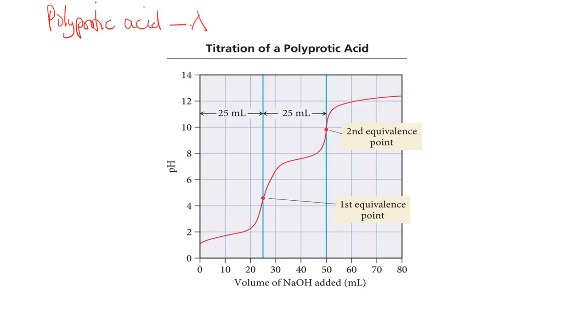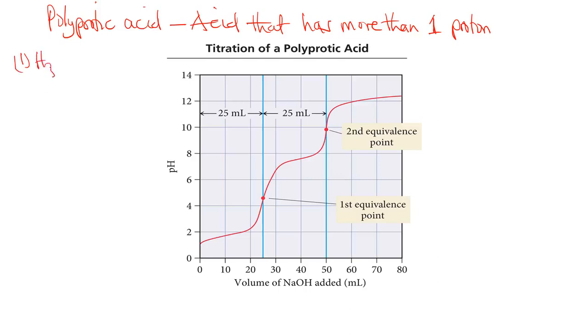This is an acid that has more than one proton. So an example is H3PO4. So you can see it has 3 protons.